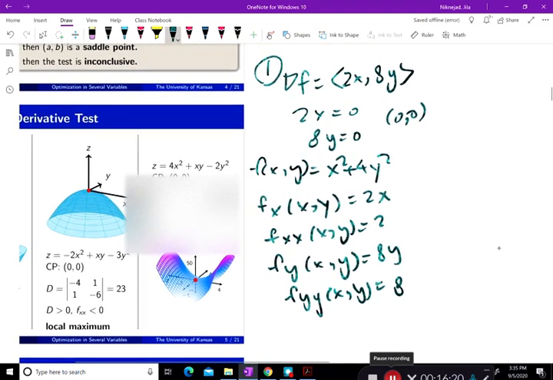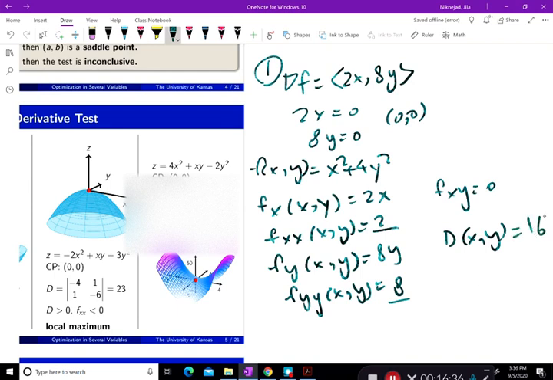What is left? We need f sub xy. So this is f sub x, and f sub xy is going to be 0. So D is this term times that term, which is 16, and it's bigger than 0.